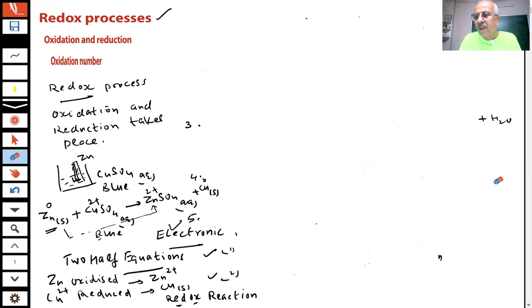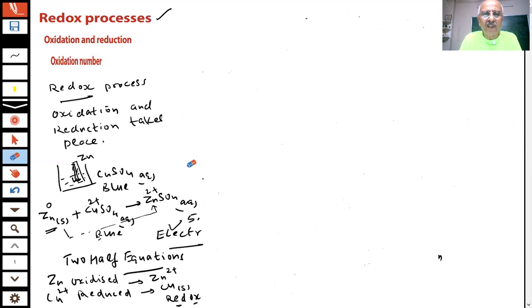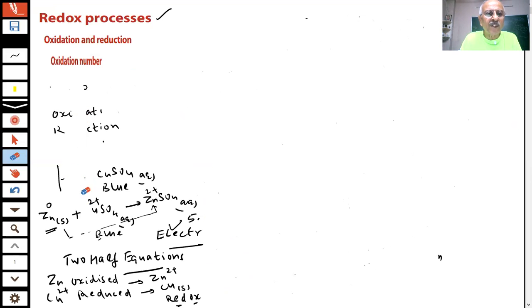The substance oxidized acts as a reducing agent, and the substance which is reduced acts as an oxidizing agent. If something is gaining the electron, it is reduced and it is oxidizing the other substance. So we are going to study these redox reactions and important points about the oxidation number, students.